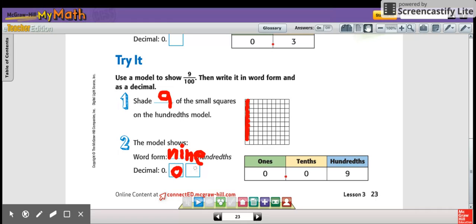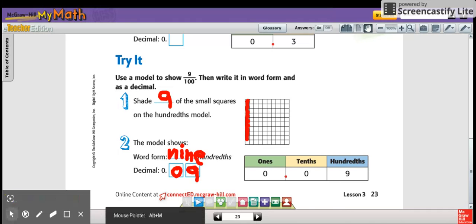We have 9 hundredths, so in the hundredths column, we have a 9. So our decimal is, just looking at it digit-wise, 0.09 or 9 hundredths. Remember that whatever the farthest right digit is gives the place value. So since the farthest digit is in the hundredths place, it's hundredths. Just read the number as it is after the decimal point.